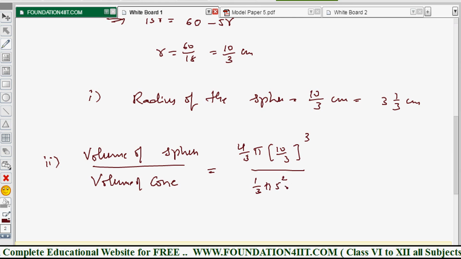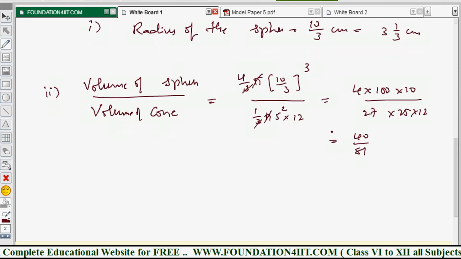So 5 square into height 12. Cancel pi on both sides, 3 cancels. Then remaining is 4 into 10 cube, that is 1000, over 27 into 25 into 12. By cancellation we get 40 by 81.